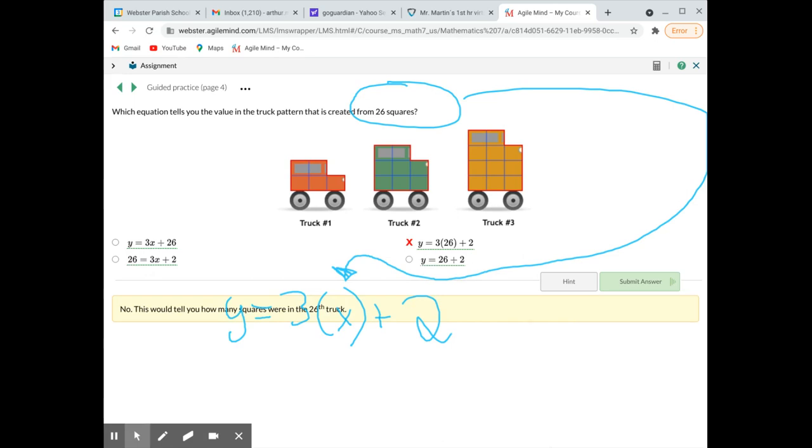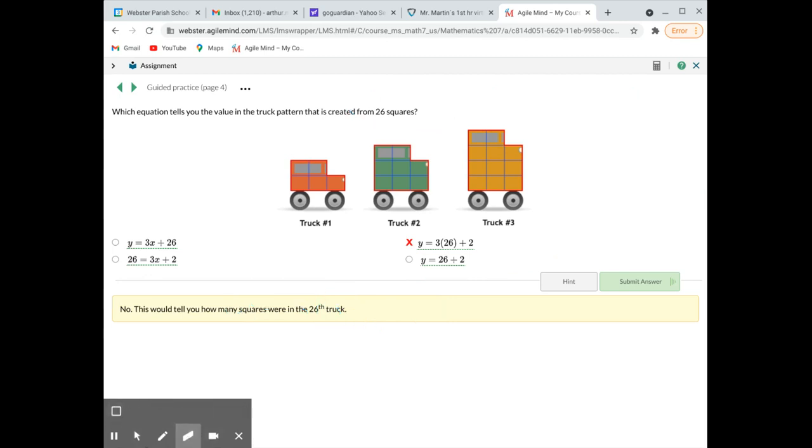Oh, what went wrong? The answer is 26 equals 3x. No, this would tell you how many squares were in it. Oh, I thought we were looking for the 26th truck. What are we looking for? Who just said that? Isabella, help us out. What did we do wrong? It said 26 squares in all, didn't it? So x wouldn't be 26.